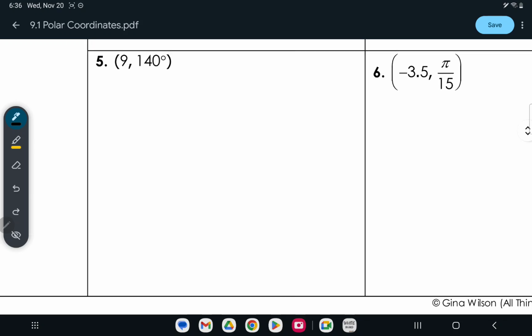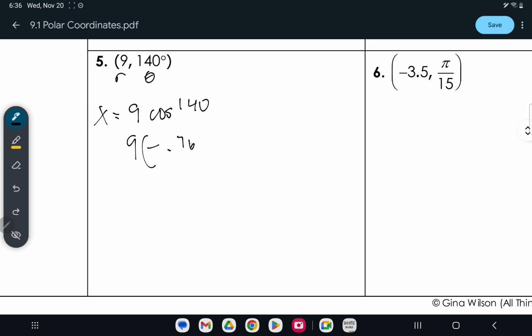Let's do one with degrees. Doesn't really change anything. R and theta. So x is r cosine theta. Cosine of 140. I don't believe 140 is on the unit circle, so we can plug that in the calculator.